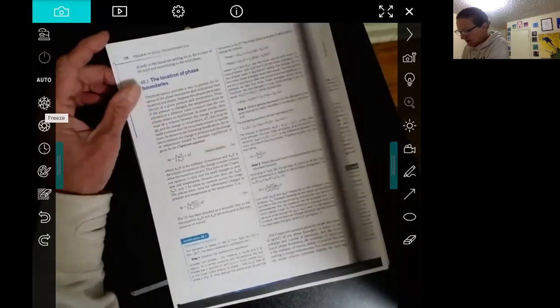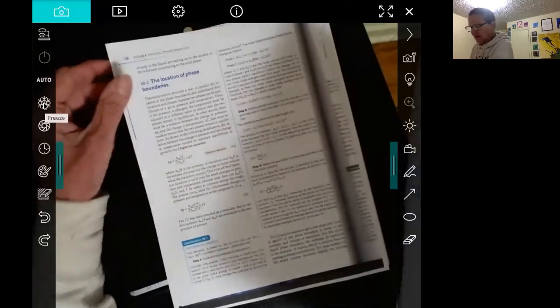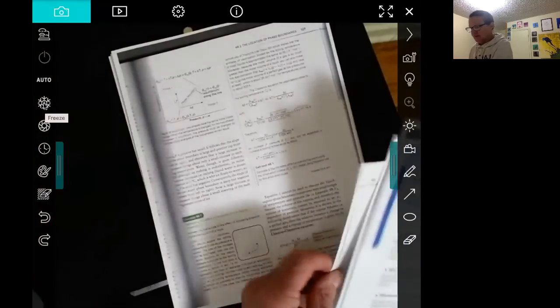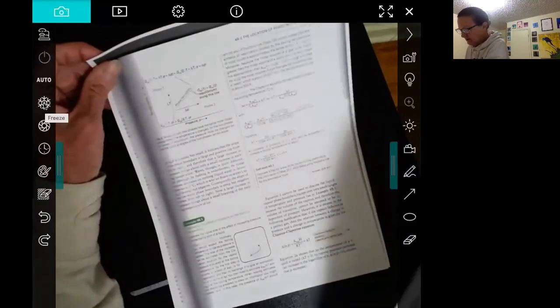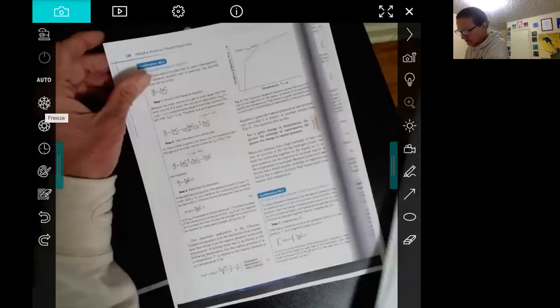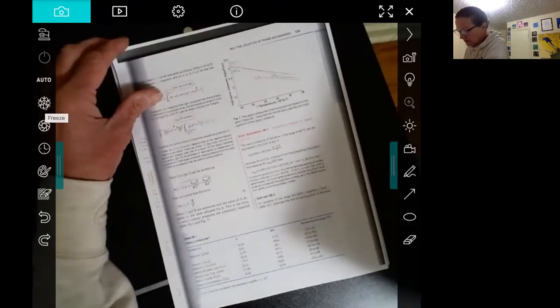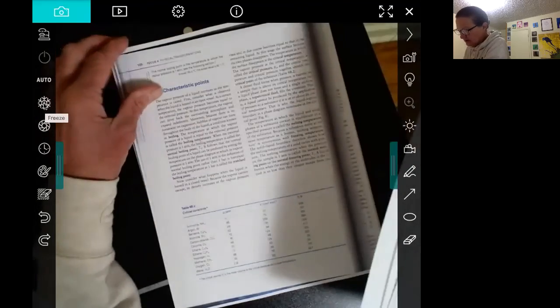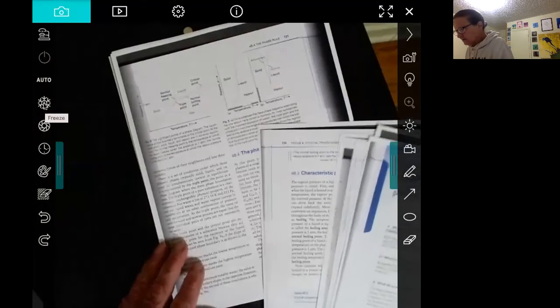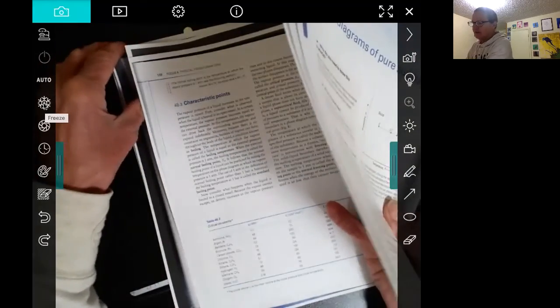So read through this one, and it will use the equations that we just derived. Think about those, and then I'll do a short lecture on the first part of the chapter, and then I'm just going to have you put the phase diagrams on the board.